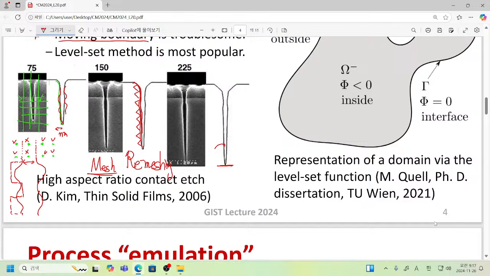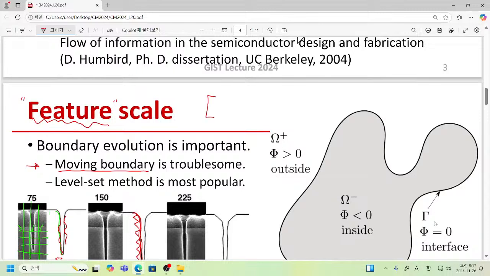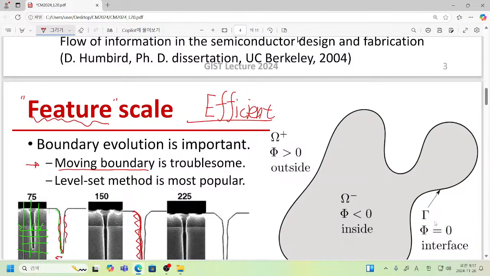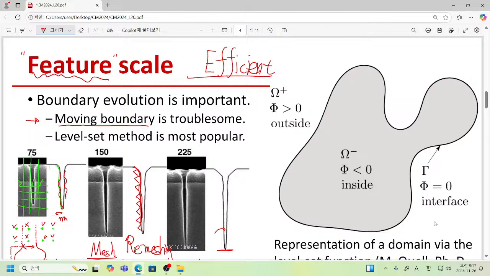But what we want is an efficient estimation of the final shape of our structure. So for efficiency, we are now introducing the level set method.